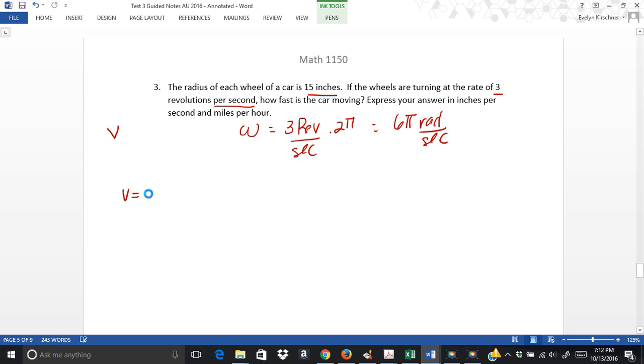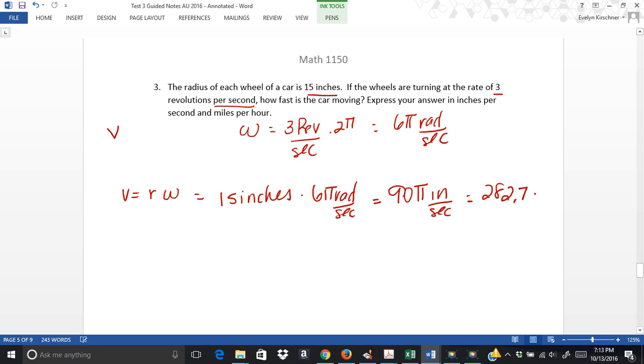And v is r times omega, so that's going to be 15 inches times 6 pi radians per second. In inches per second, I have 90 pi inches per second, which is the same as 282.7 inches per second.